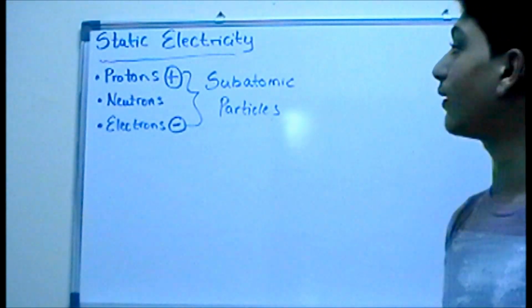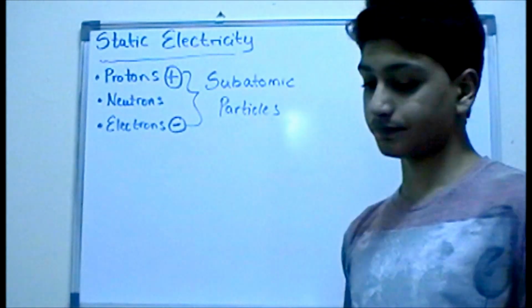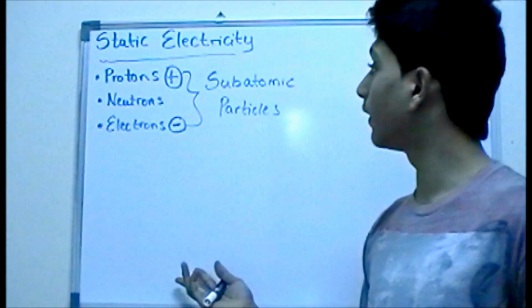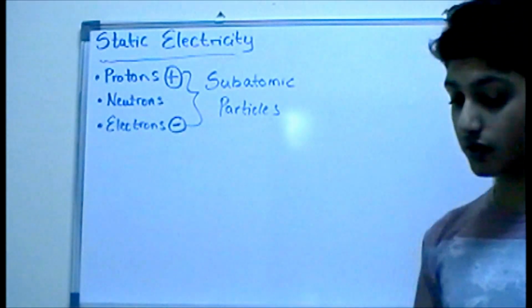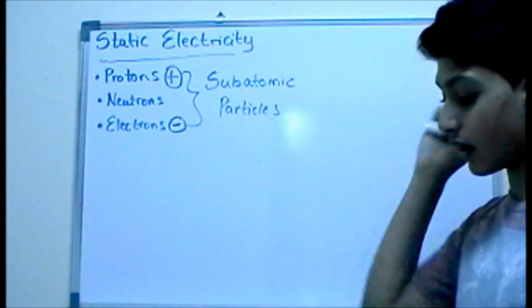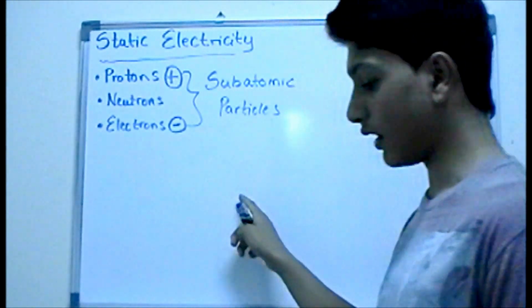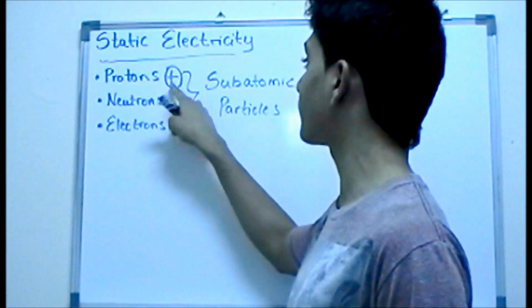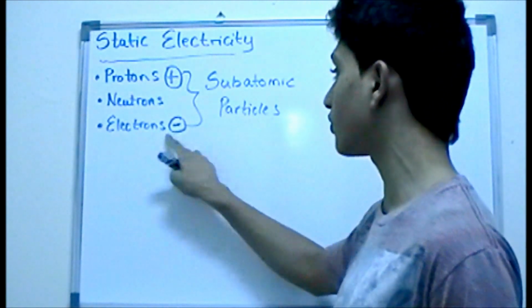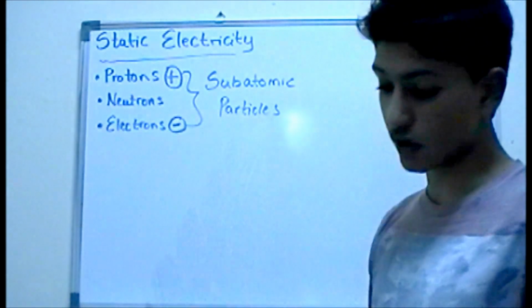Now let's talk about our next part, called electric charges. One of the unique characteristics of subatomic particles is the property of electric charge. As you can see, a proton has positive charge, an electron has negative charge, and a neutron is neutral.